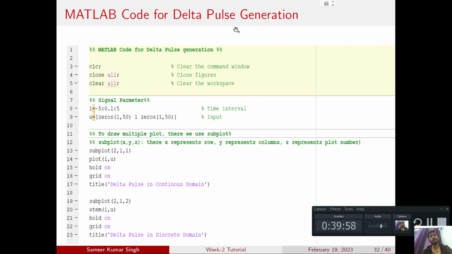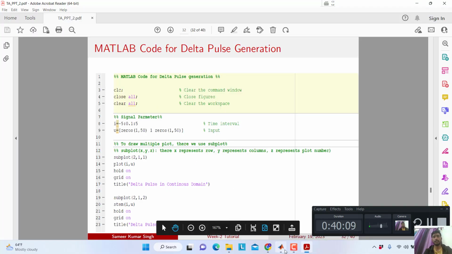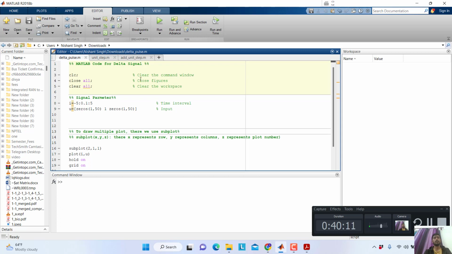At t equal to 0 the value will be 1, and otherwise it will be 0. This is the basic code. First of all, this is the MATLAB screen, and these three are the basic commands.